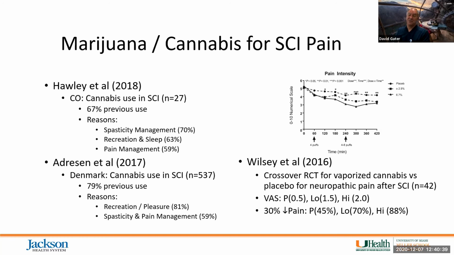So overall, there was a 30% reduction in pain reported by these 42 individuals. Interestingly, the placebo group reported 45% improvement. The low concentration group showed a 70% improvement, and the high concentration 88% improvement. So there are additional management options available to us.